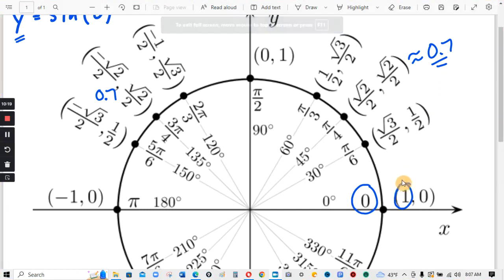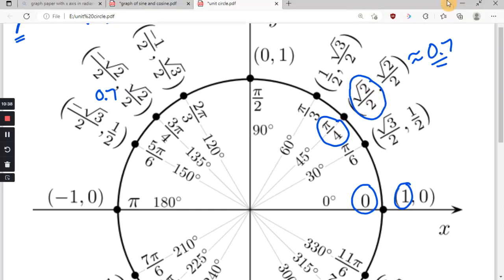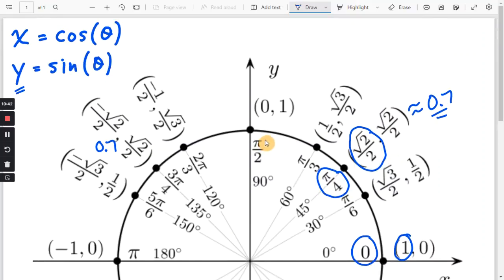All right, and then let's see. At pi over 4 radians, the x-coordinate, or the cosine, is radical 2 over 2, which we said was 0.7. Okay, and then at pi over 2 radians, the x-coordinate is 0.